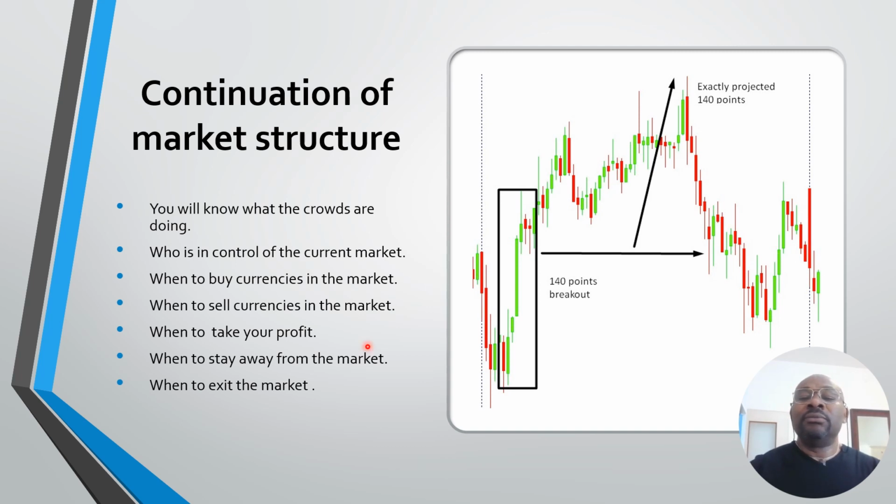For example, this place is a resistance level. So you see, the price was going up, it gets to this place, there was a rejection, it came down. It went up again, there was a rejection, it came down. From here, this is what we call consolidation. It went up again, there was a rejection.